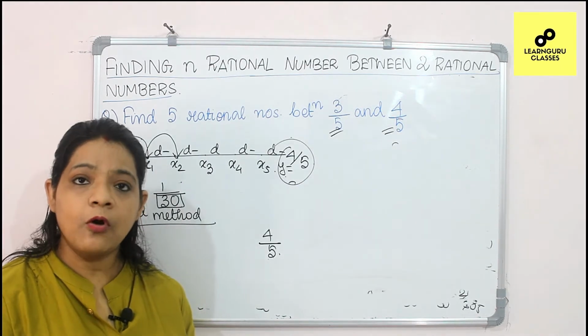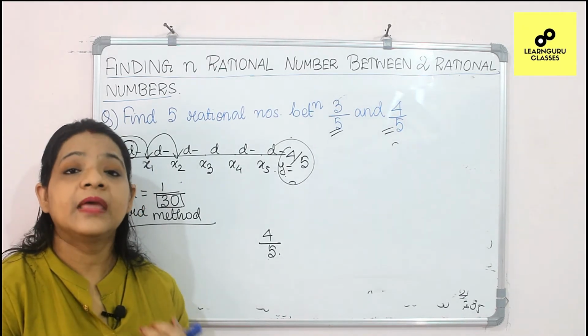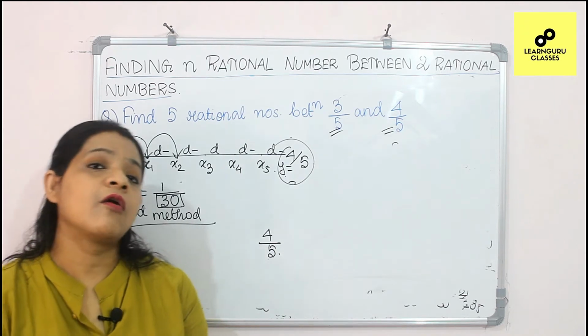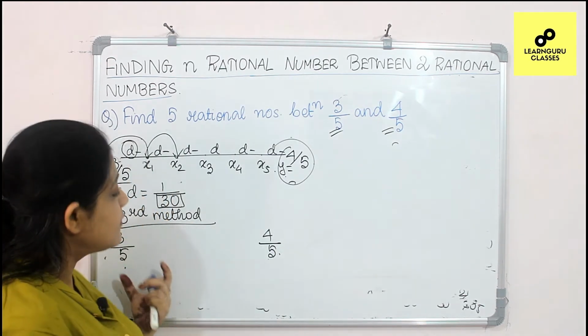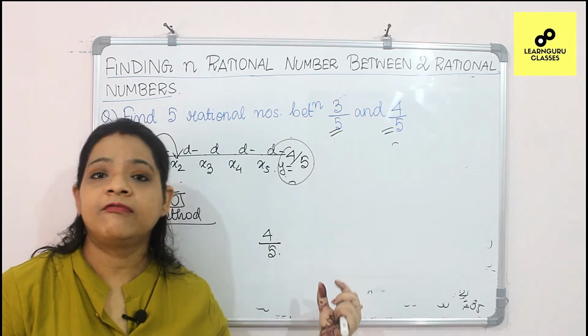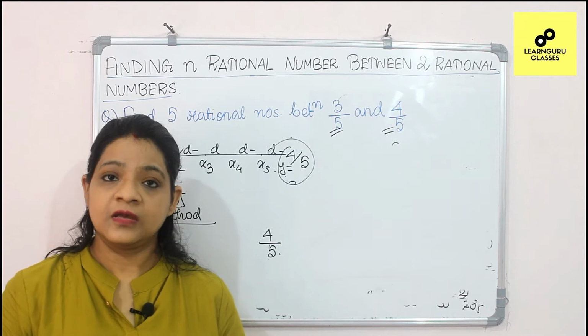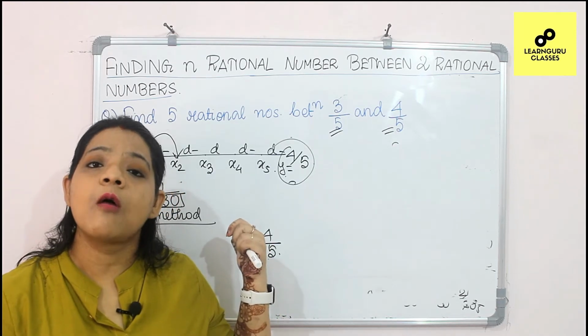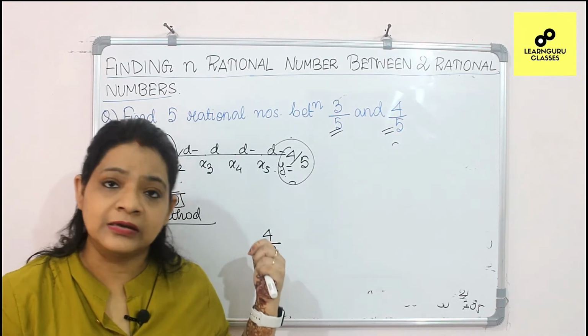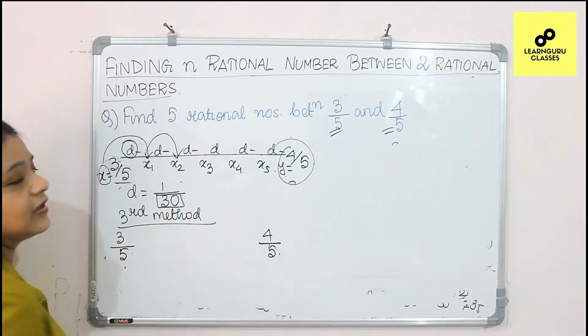Did you get my point? You have to make the denominator of both the fractions, that is 3 by 5 and 4 by 5, equal to the denominator of the common difference. So what is the denominator of the common difference, d? It is 30. So here you have to make it 30.